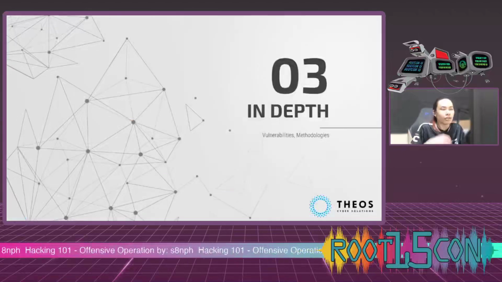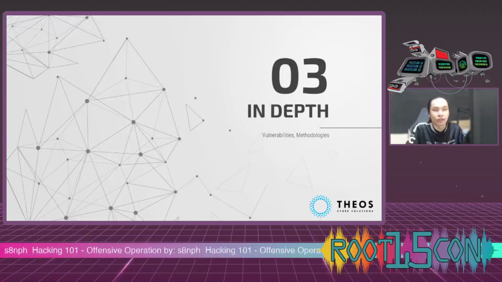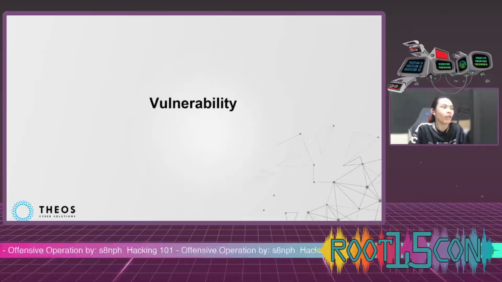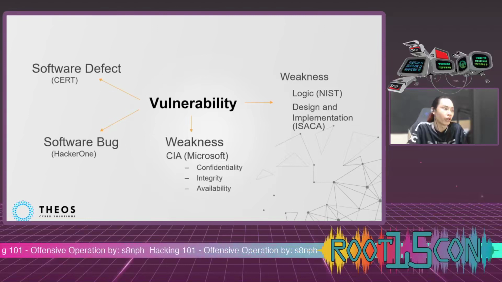All right. So next we'll go to vulnerabilities, methodologies, and the different technologies. First and foremost, the definition of a vulnerability. There are a lot of vulnerability definitions scattered across the internet. Here are some of them.